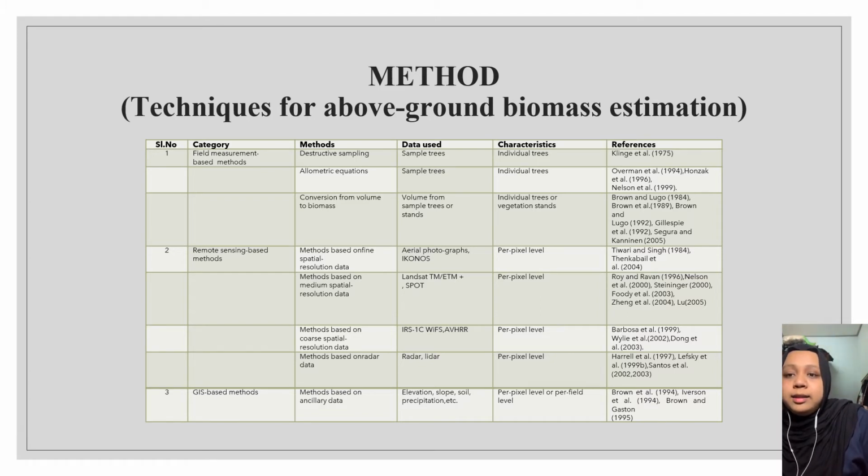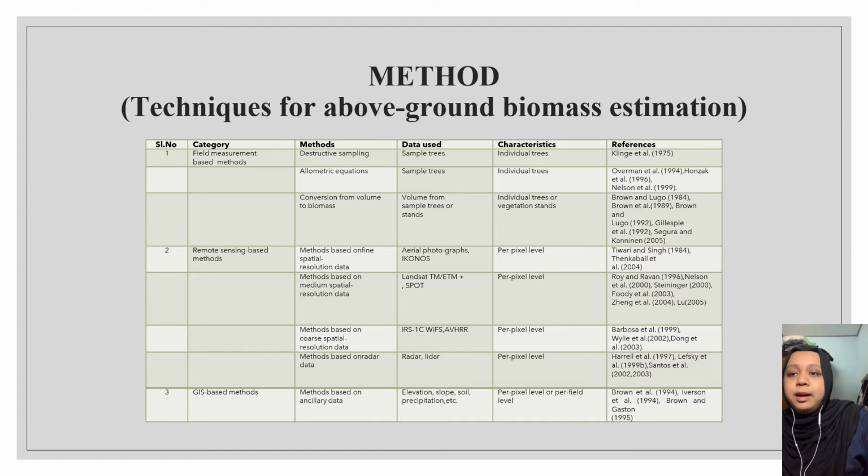The third one is method based on coarse spatial resolution data, and the data that we use is IRS, WiFS, AVHRR, and the last one is method based on radar data. We use radar and LiDAR. For all of these methods, we use the same characteristic, which is per pixel level.